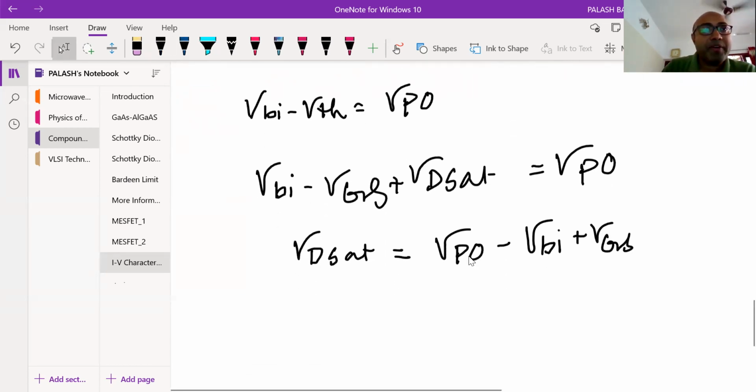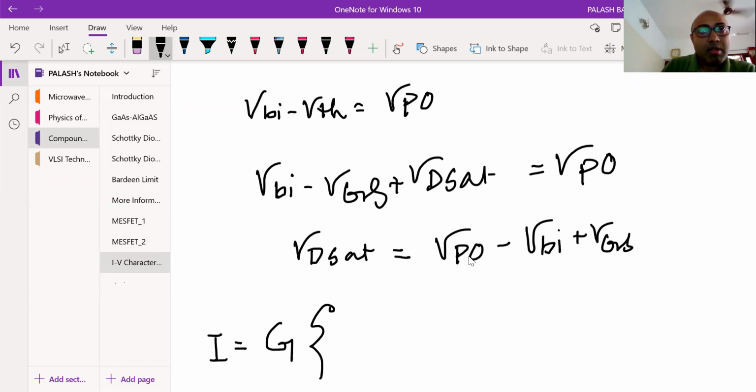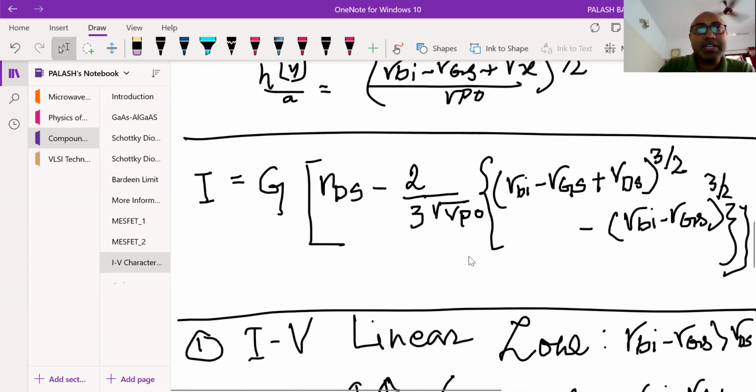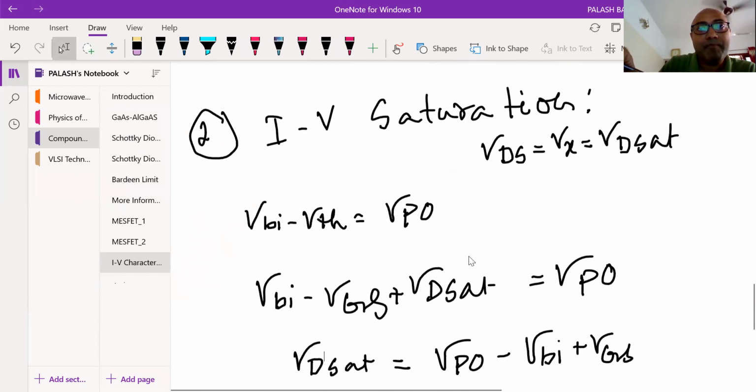So then you please modify this expression in this manner. In the third bracket you are having VDS, but see our original expression, it is actually VDS, but now we are trying to calculate the IV characteristic at saturation level. So it has to be VD sat, right?